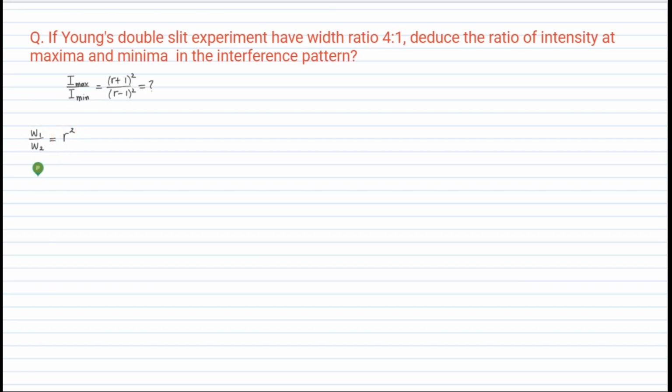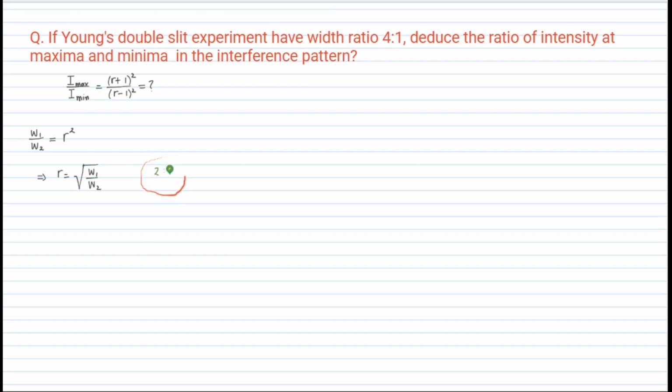Your R will be square root of W1 by W2. So you substitute the value here and you will get the amplitude ratio. I'll just write down the answer. If it is 4 is to 1, the amplitude ratio will be 2 is to 1. You verify your answer from here.